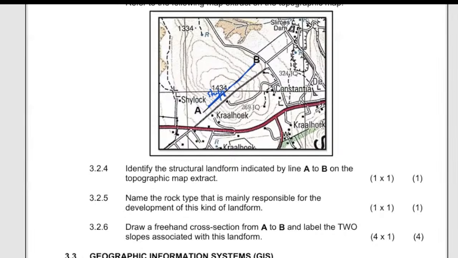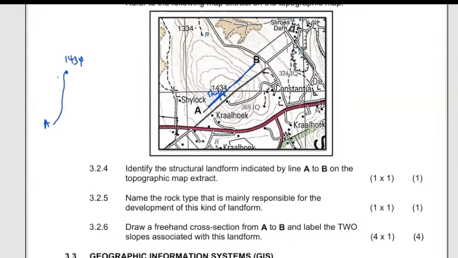So which means the shape of this landform, if you are to put it in your cross section, is going to look like somewhere the spot height is 1434. Then from the spot height, we have a steeper slope going towards A, which means our A is somewhere here.